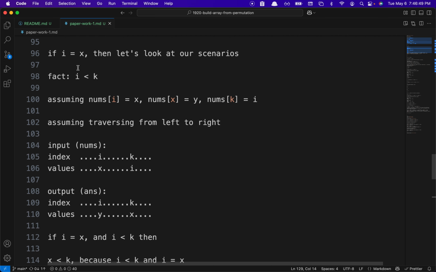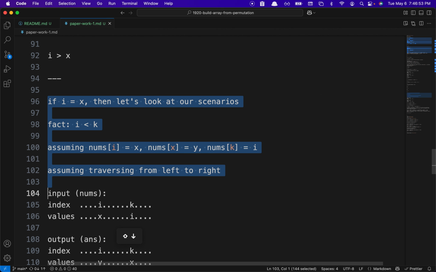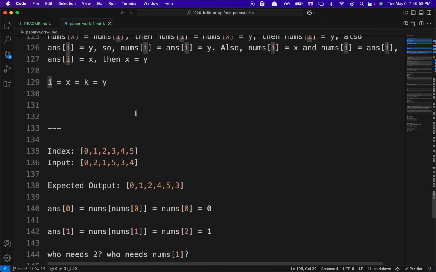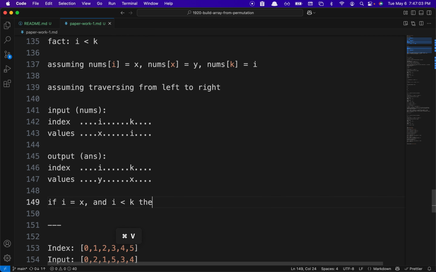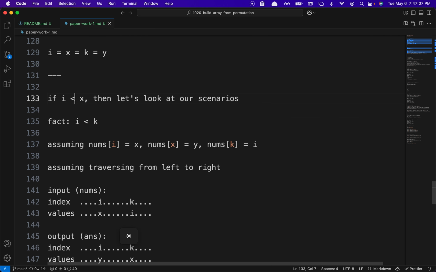So what if i is less than x? For the same thing, I want to see what if i is less than x. If i is less than x, then let's look at our scenarios.